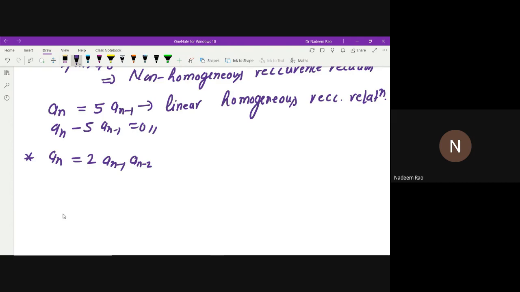A term such as a_{n-1} a_{n-2}, the multiplication of two consecutive terms, is not permitted. So it is not a linear homogeneous recurrence relation.